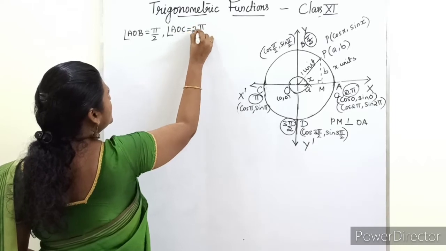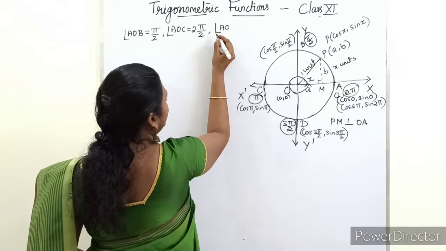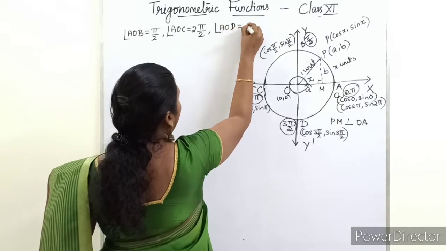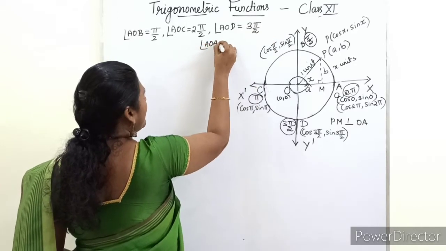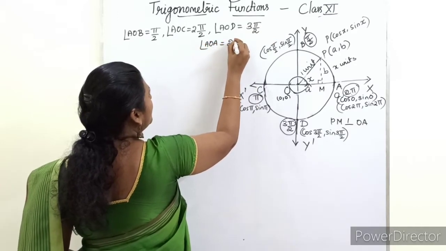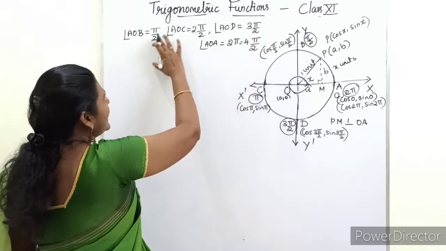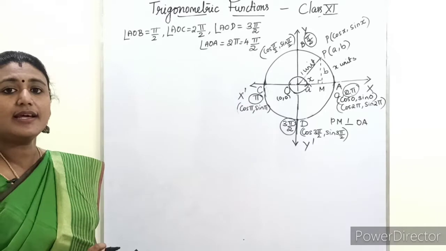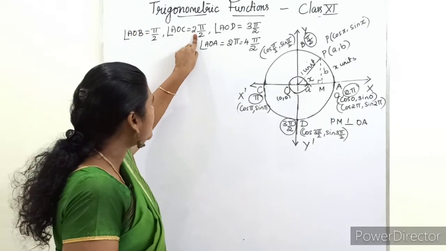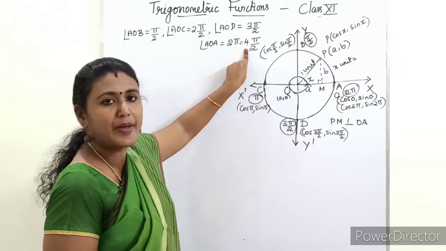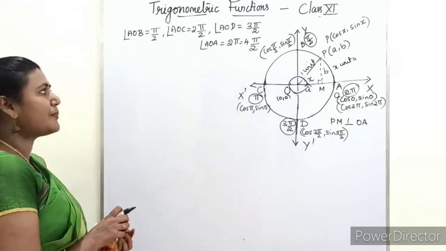Pi we can write as 2 pi by 2, and angle AOD is equal to 3 pi by 2, and angle AOA means the full complete revolution, that is 2 pi, we can write as 4 pi by 2. So if you see, this is 1 pi by 2, this is 2 pi by 2, 3 pi by 2, 4 pi by 2. All these angles are integral multiples of pi by 2.